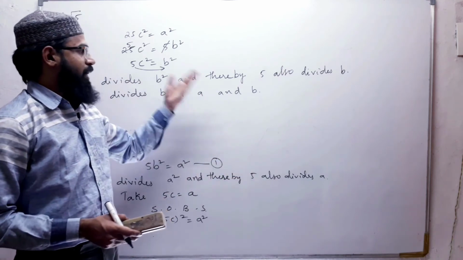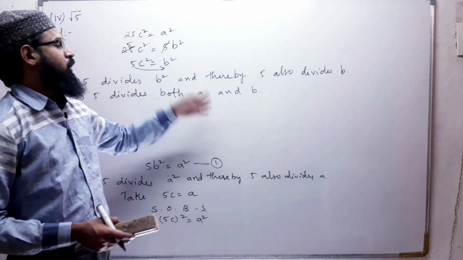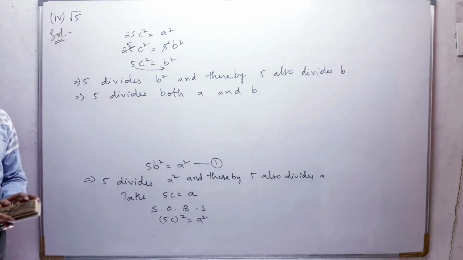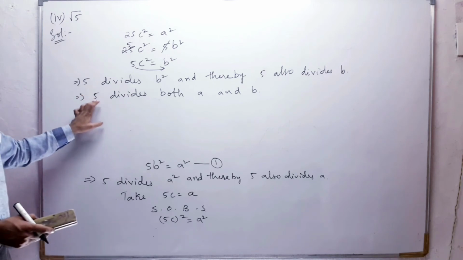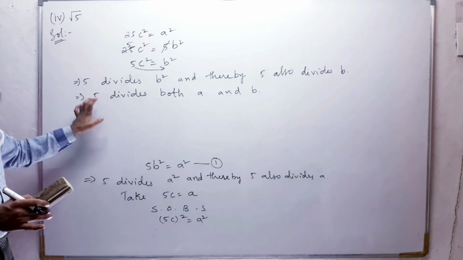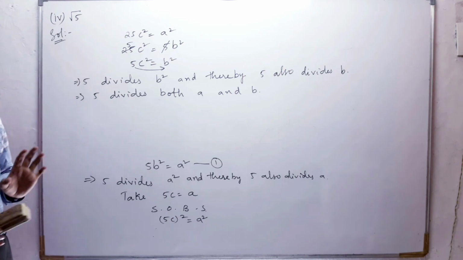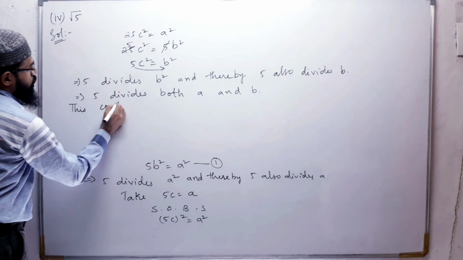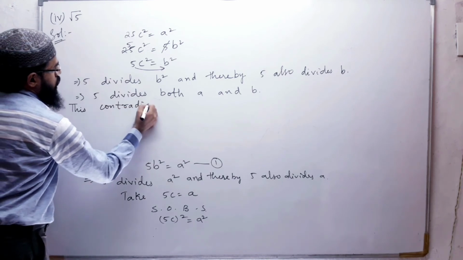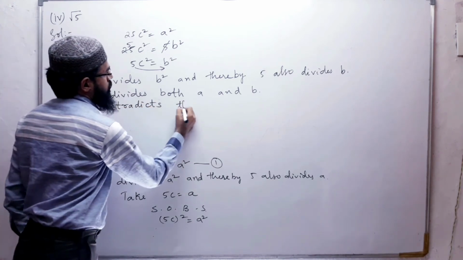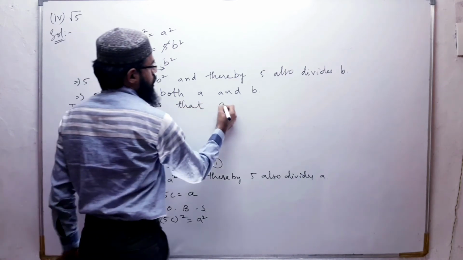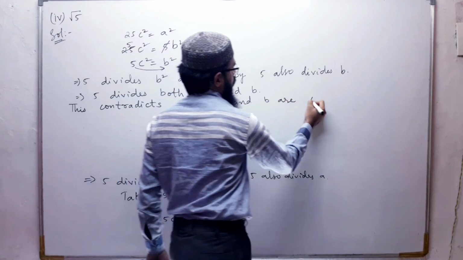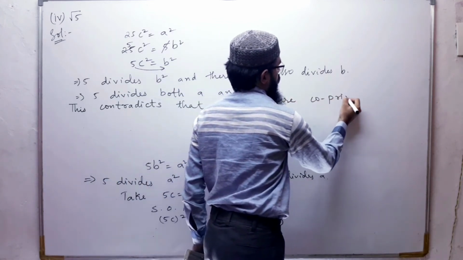So other than 1 there is some other number which divides a and b. When this type of situation occurs, it means they are not coprime. So this contradicts that a and b are coprime.